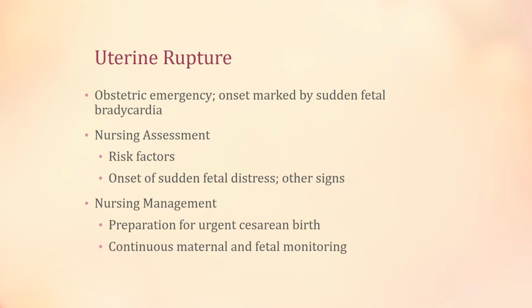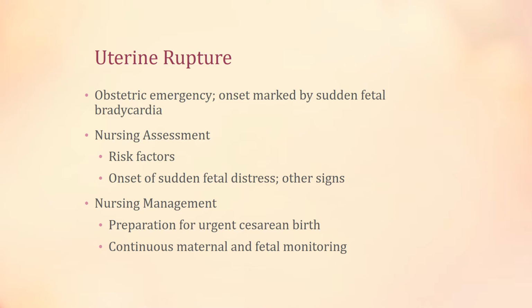Uterine rupture is also an obstetric emergency on page 759 of your book. Usually we notice this by marked sudden fetal bradycardia. There is a sudden fetal distress because the uterus has literally torn, it has ruptured. It's catastrophic.